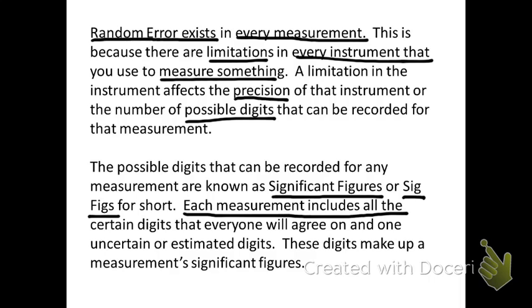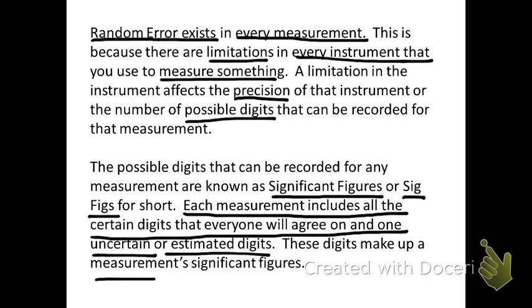Again, each measurement includes all the certain digits that everyone agrees on and one uncertain or estimated digit. And it doesn't matter what kind of measurement it is, you must always include the certain digits, the ones we know for sure and agree upon, plus one estimated digit. Now these digits make up a measurement's significant figures.